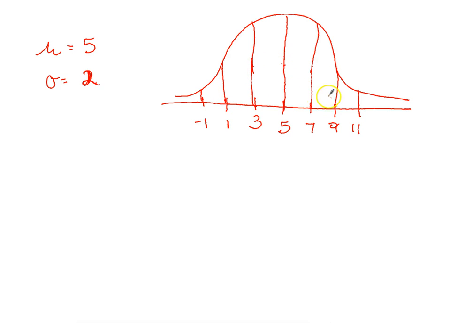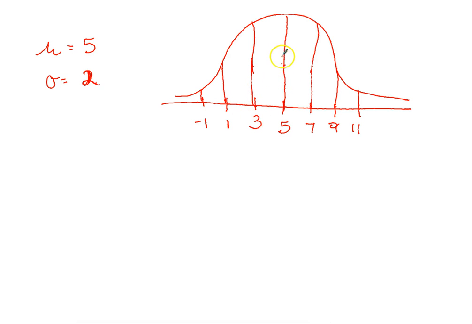So from 1 to 9, that's 2 standard deviations. 2 below or 2 above. And then one more would be the third standard deviation. And we talked about that beyond 2, so there to there would be not usual or unusual.